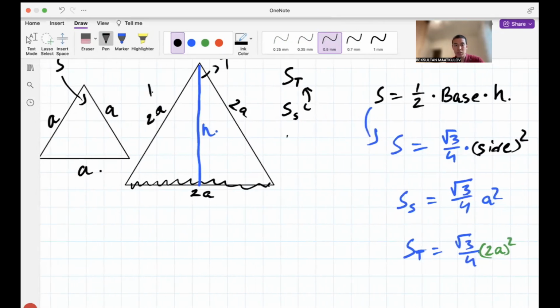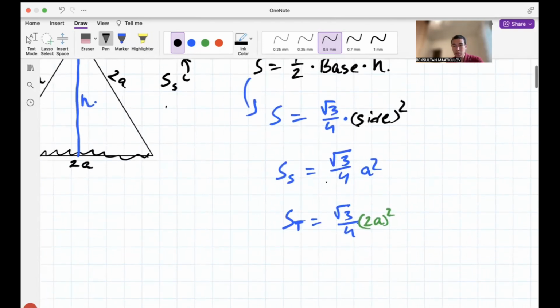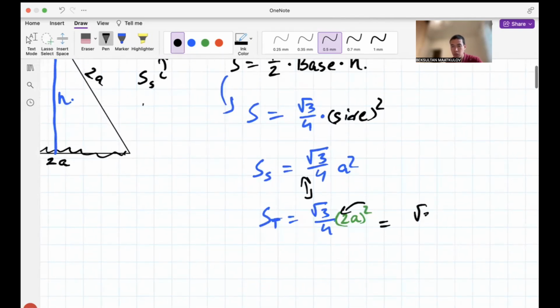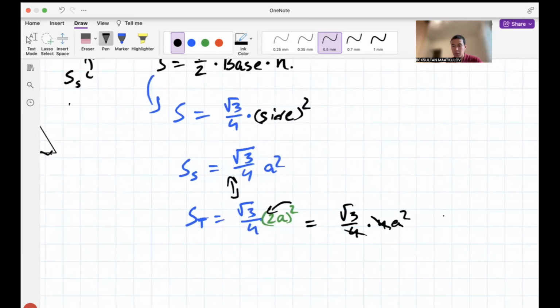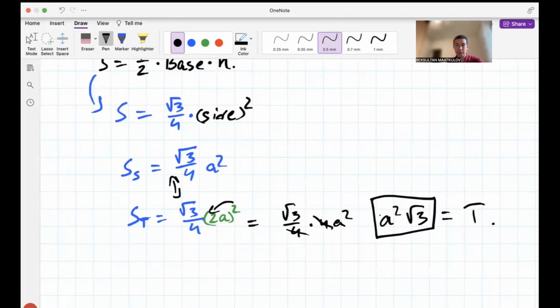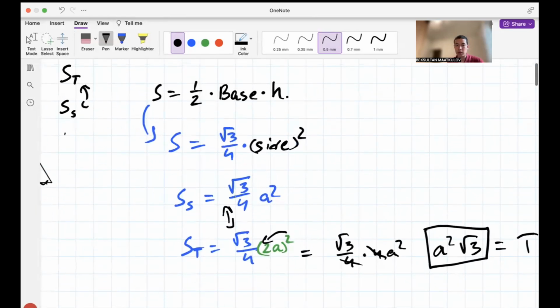In this case, our side is 2a, and here our side is a. These are the areas of those two triangles, and we can try to find the ratio. First, let me put the square into the brackets. You'll have square root of 3 over 4 multiplied by 4a squared, and the 4s cancel out, and you'll have a squared square root of 3. So this is the area of triangle T, and this is the area of triangle S.